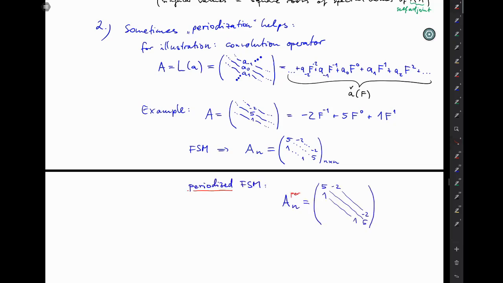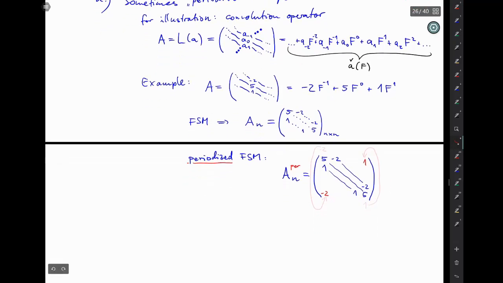You take the minus 2 that used to sit here but was cut off at the top, and bring it back in at the bottom. And similarly, the one that used to sit down here but was cut off by this truncation is now coming back in from the top.